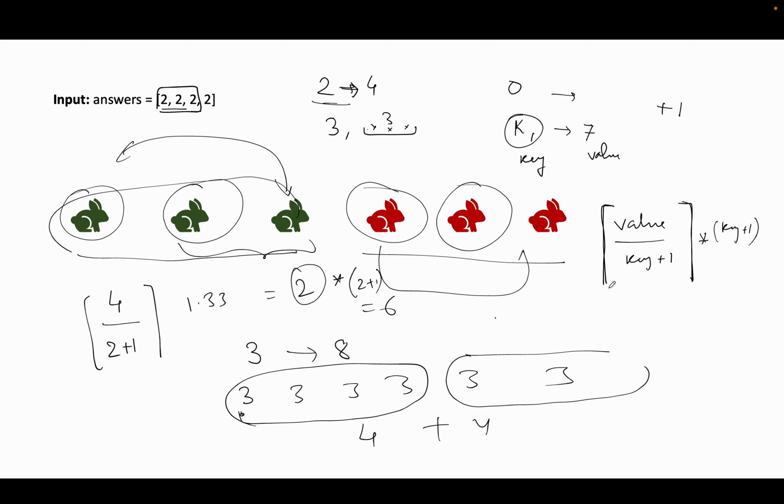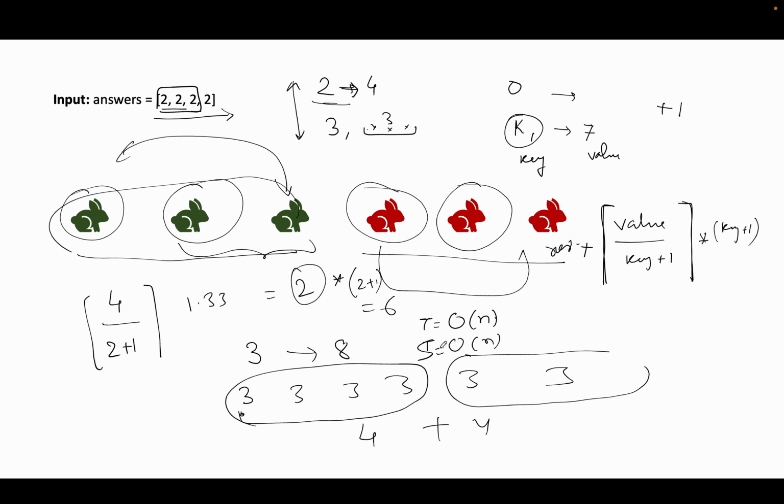And this is for each unique value, keep adding to the result. So the time complexity, we are just scanning this list and then again scanning the unordered hash map. So O of n, space O of n, because we are storing in a hash map.